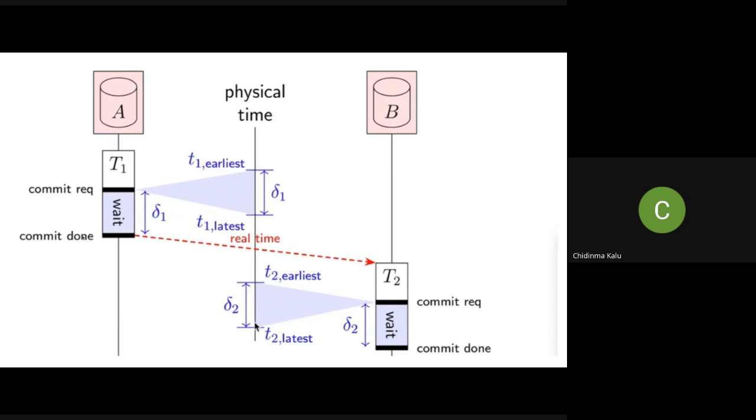The wait time before the commit is done is the time between T1 and T latest. T latest has to have been exceeded before the commit is actually finished. This also helps because if you look at T2, there is no overlap between T1 and T2. That's why we have to wait.